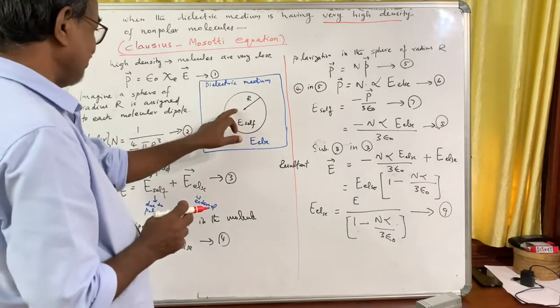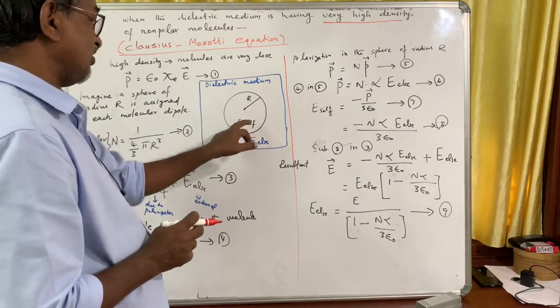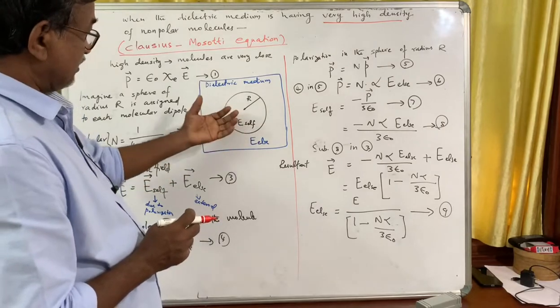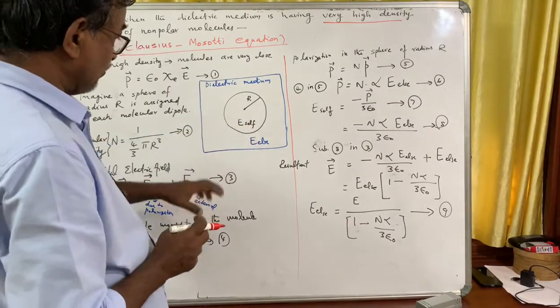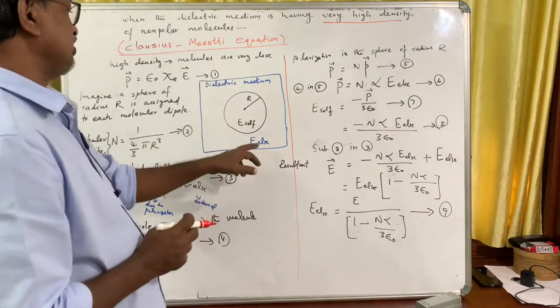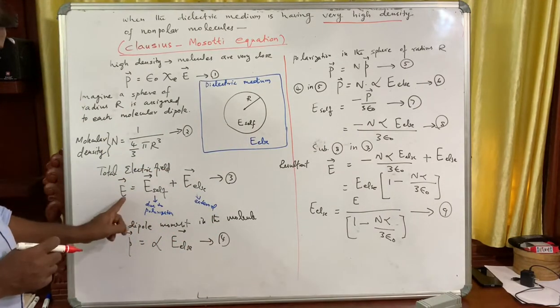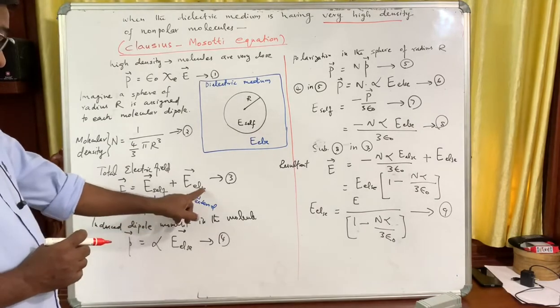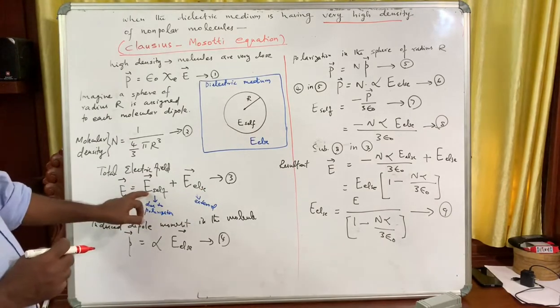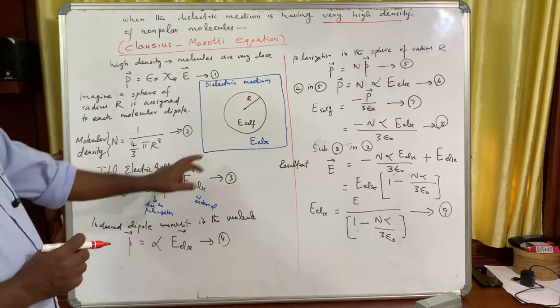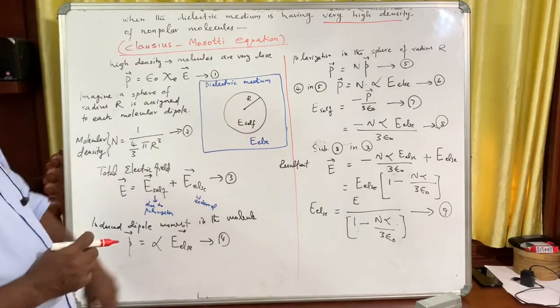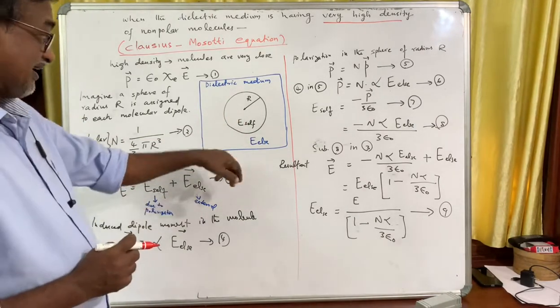So this molecule is having an electric field which is called E self, and outside this molecule the dielectric medium is having a field that is E_s. So the total electric field is E self plus E_s. E self is due to polarization of the molecule, and E_s is the external field.